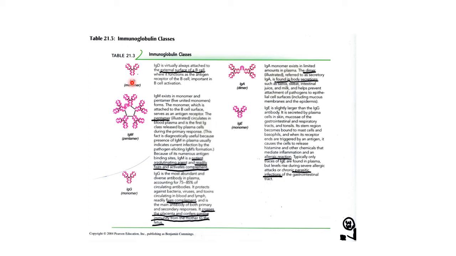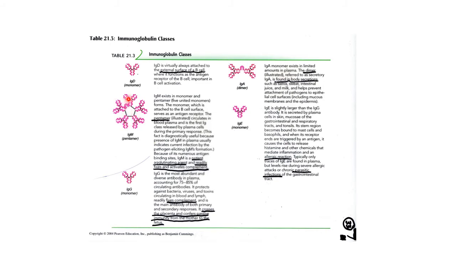IgD is the one that's actually attached to B lymphocytes, where it functions as the antigen receptor on B cells. So IgD is attached to B lymphocytes. IgM is a pentamer, meaning that it has 5 antibodies joined together in a central structure that looks like a pentagon.